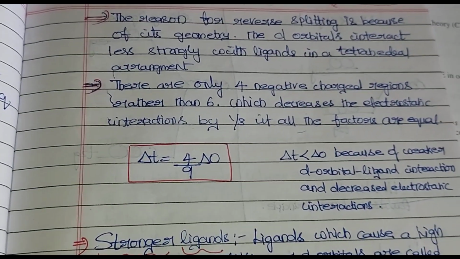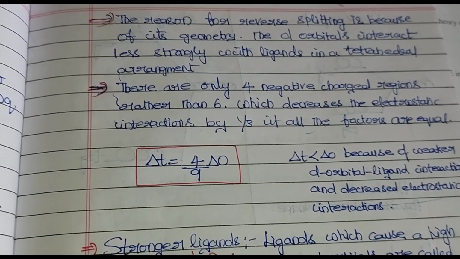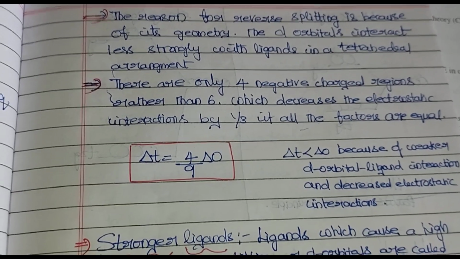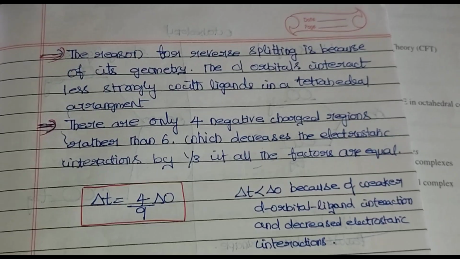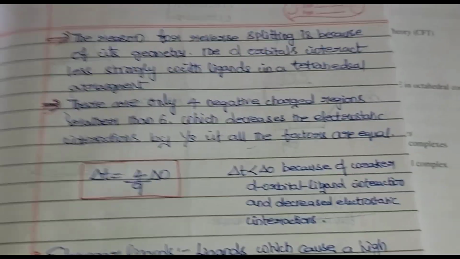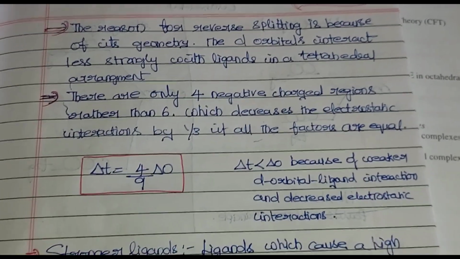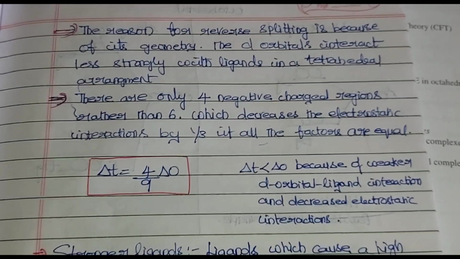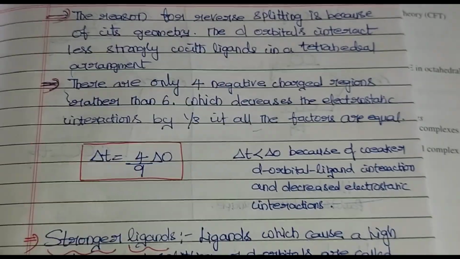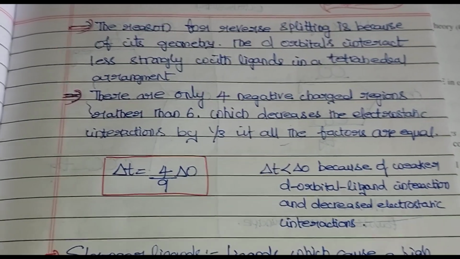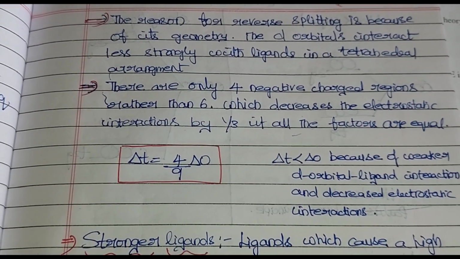The interaction will be a little less compared to octahedral complexes, and we can see only 4 negatively charged regions, whereas in octahedral we can see 6. Because of this, the electrostatic interaction will be about one third.